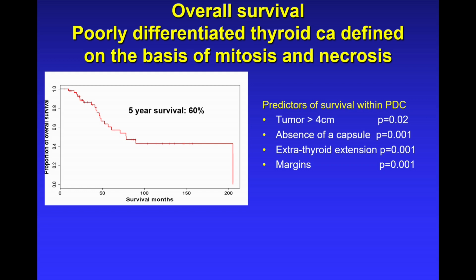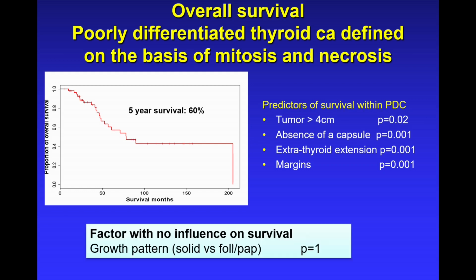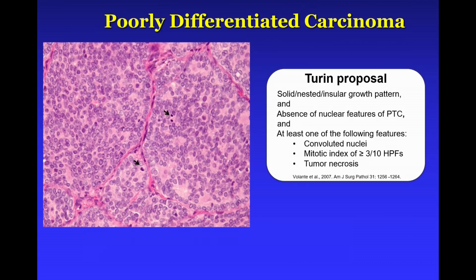Of course, things like size, margins, and extrathyroid extension are important. But what was more interesting is what did not influence survival, and that's the growth pattern. So if you have a solid, a follicular, or a papillary growth pattern, it doesn't matter, really. The tumor will still go toward the same harbor, so to speak.